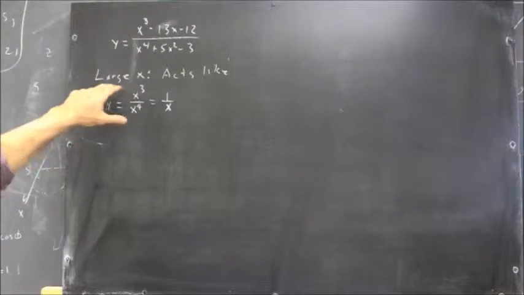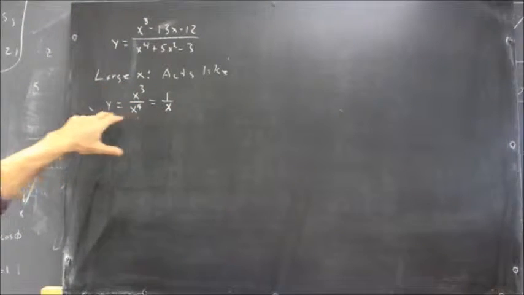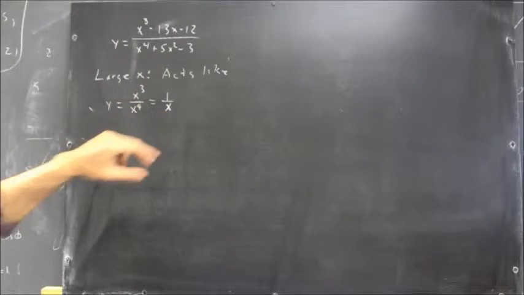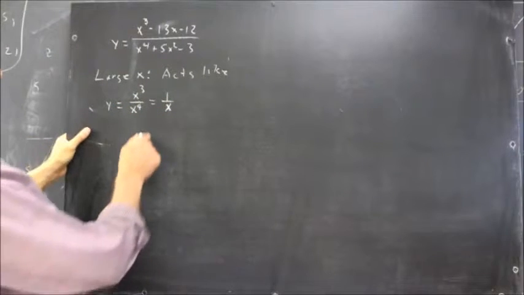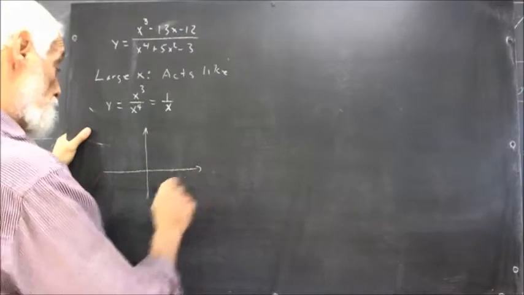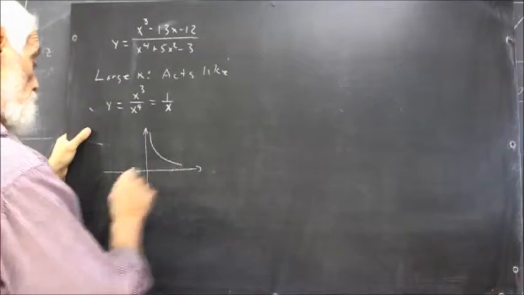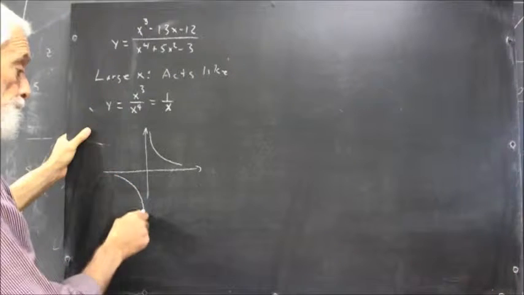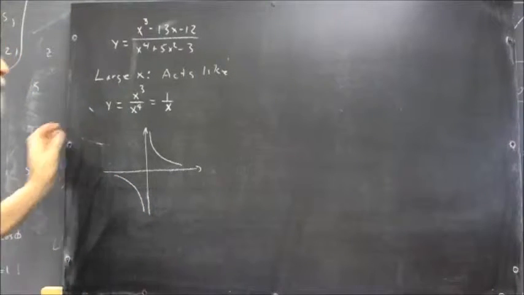So we can say that for large x, this acts like y equals 1 over x. What does y equals 1 over x act like? Well, we know what the graph of that looks like, or we definitely should know it by now. Looks like this and like this.